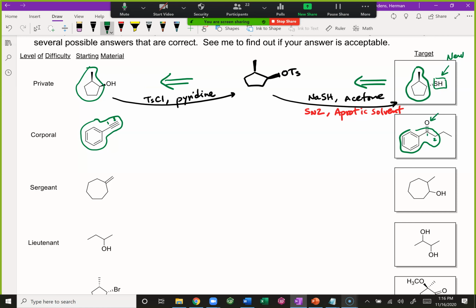So this is what's new. The carbonyl is new. And this 1, 2, we're adding 2 carbons to this molecule. All right. So if you have a triple bond and you see a carbonyl, what is the first thing that comes to your mind?